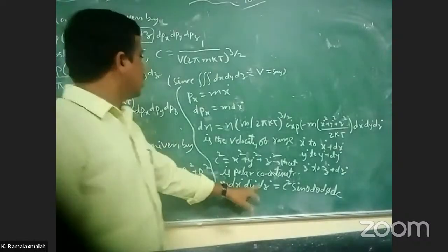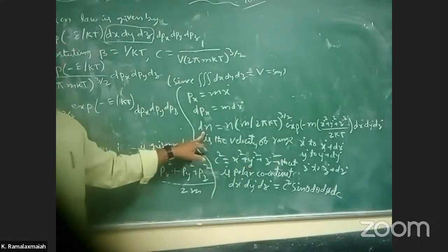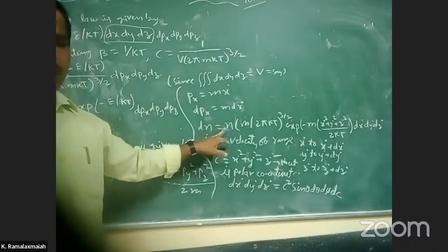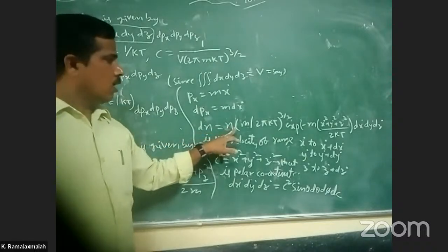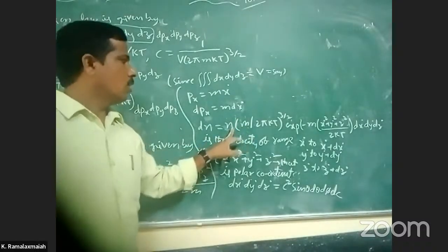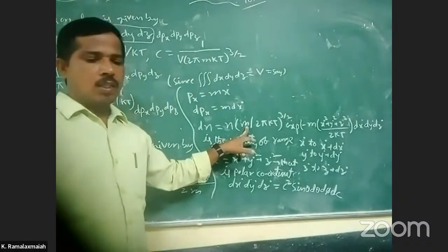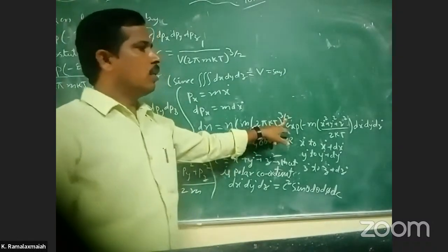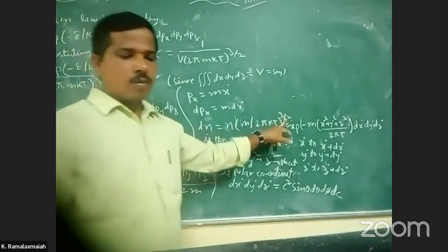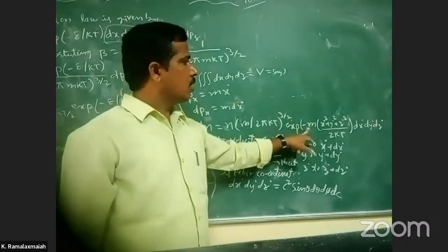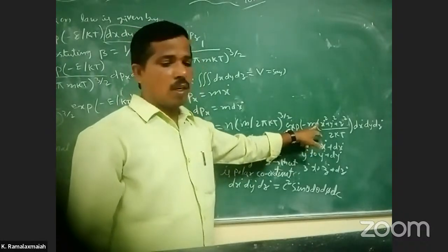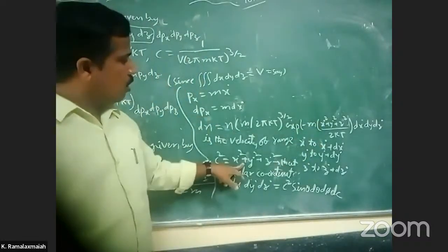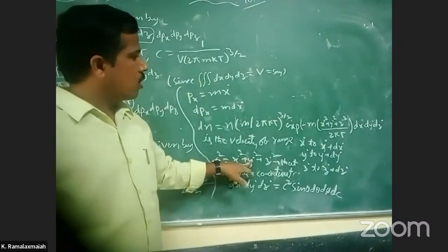Substitute that in the equation, the dn formula. So here dn is equal to n times (m by 2πkT) to the power of 3 by 2, exponential of minus m c square by 2kT. Here we use c square, which is x dot square plus y dot square plus z dot square.